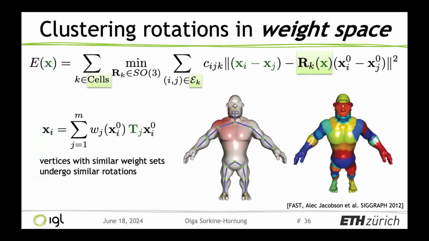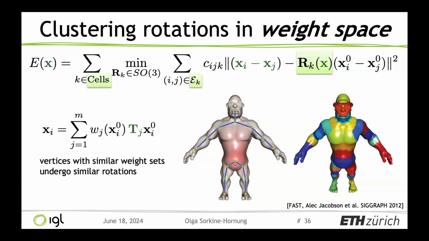But here again, we can squeeze a bit more out of this formulation, because this subspace that we created based on user handles also provides us a very intuitive and meaningful segmentation or clustering on the shape.